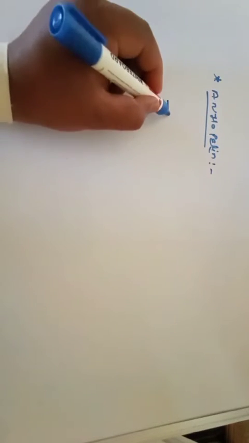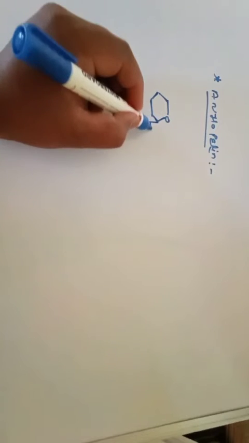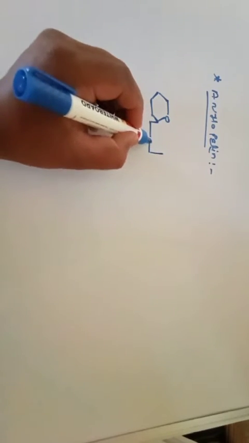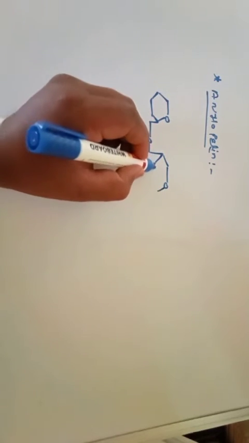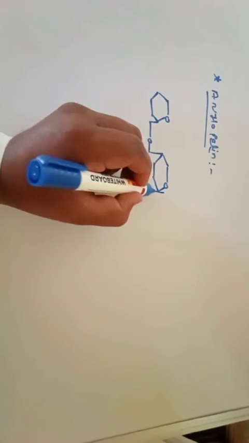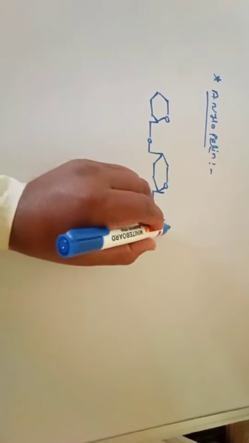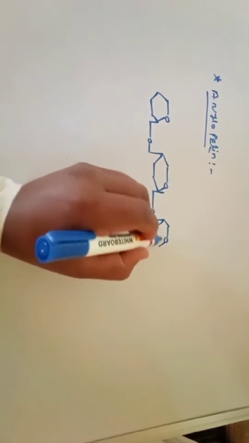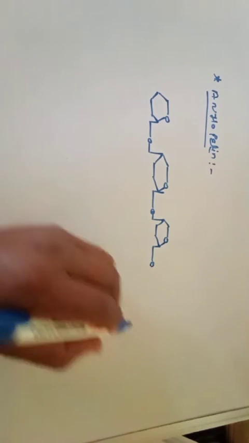If we draw the structure like this, this is a linear sequence of glucose molecules, and this continues.